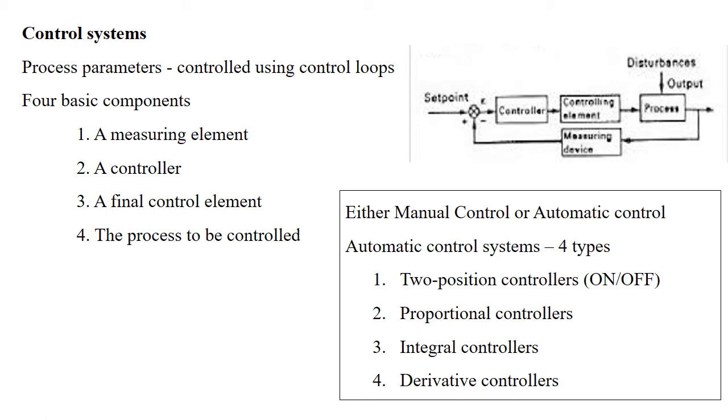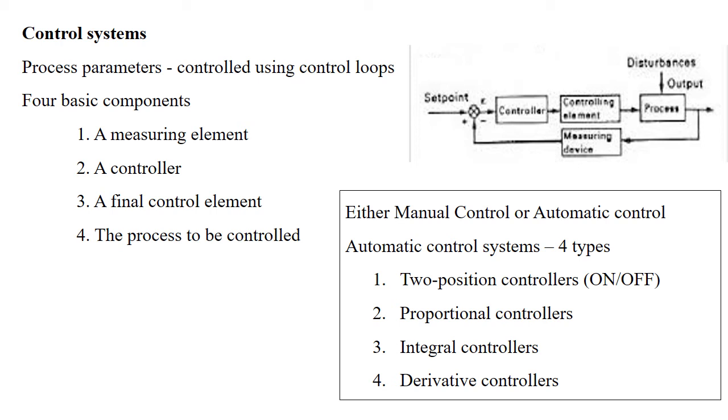Now the final control element will receive the control signal and adjust the process by changing a valve opening or pump speed and cause the process property to be controlled to return to the set point. For example, in the case of pH, either acid or alkali is pumped into the fermentation media.